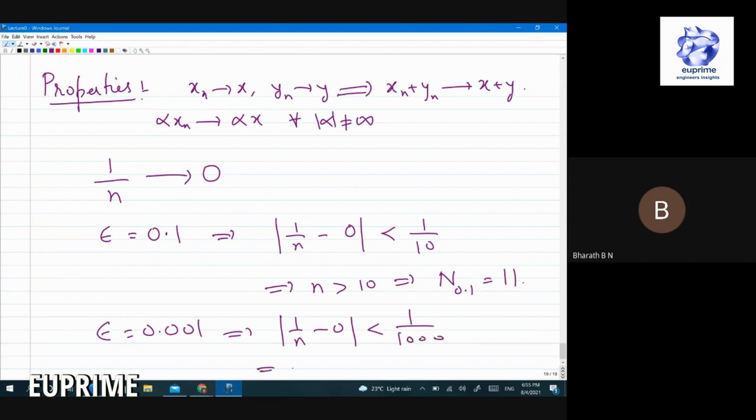So n should be greater than 1000. That means n epsilon for 0.001 is 1001, right? 1001, 1002, and so on. All the numbers will lie within 0.001 of 0, right? Okay, is this clear? This is what it means.